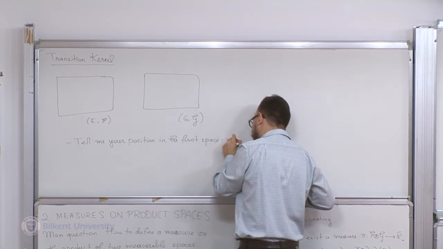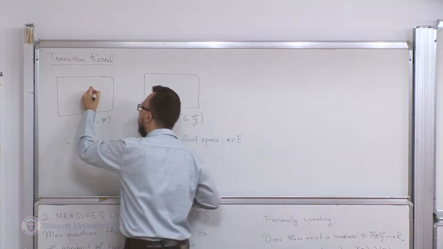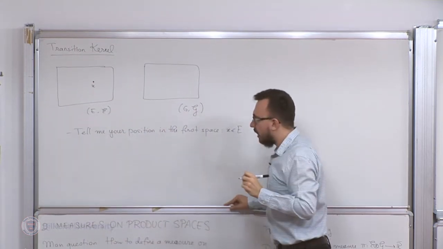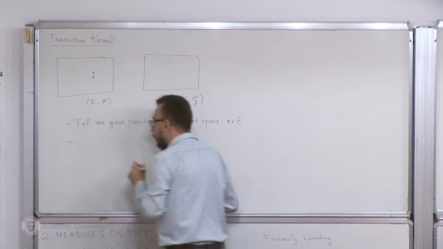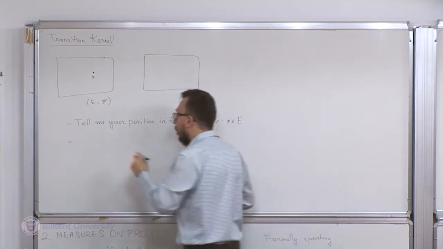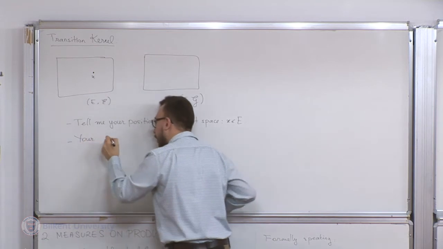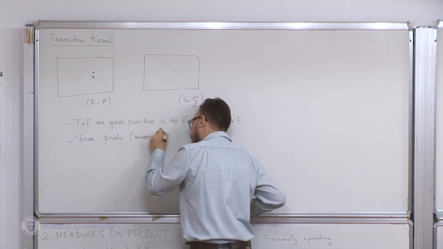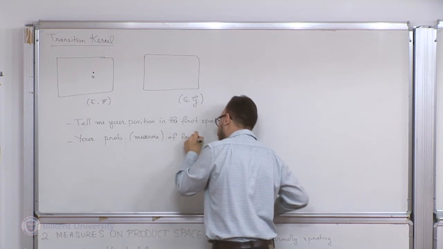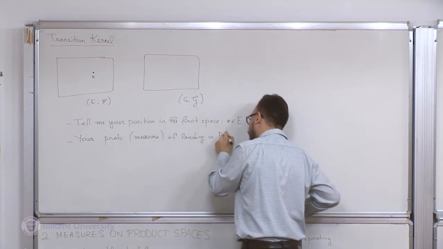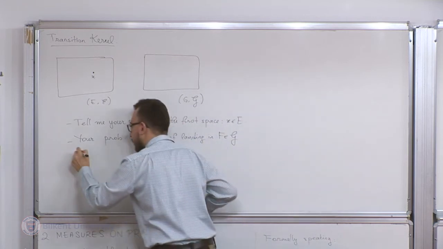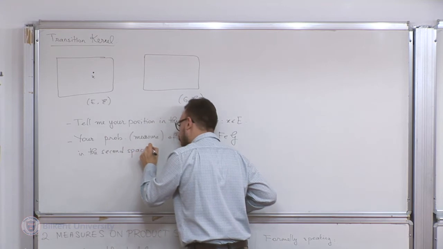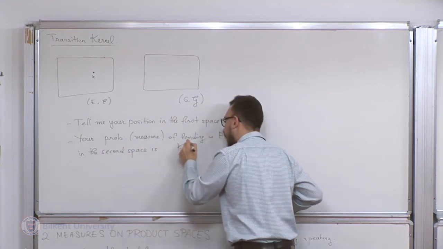Let's say x is my position in the first space. And here's what the transition kernel tells you: your probability, or measure, of landing in F in the second space is K(x, F).